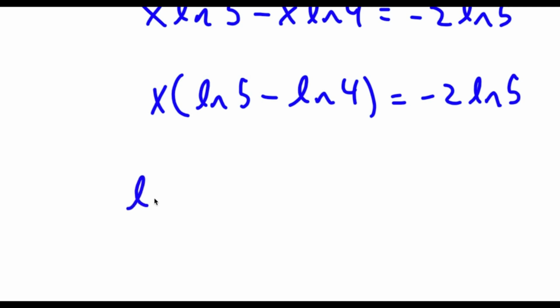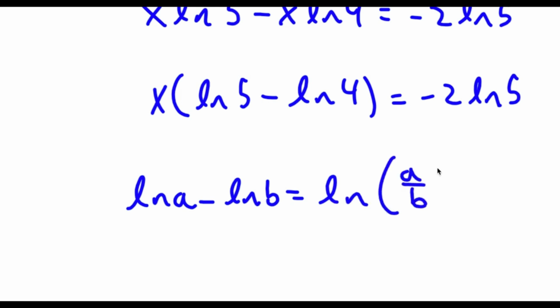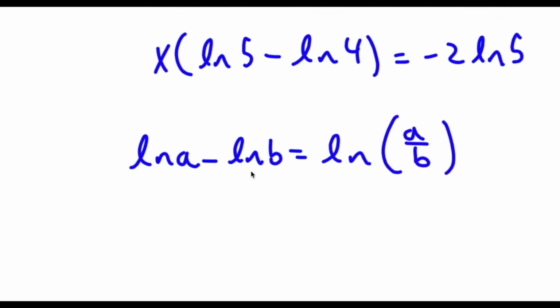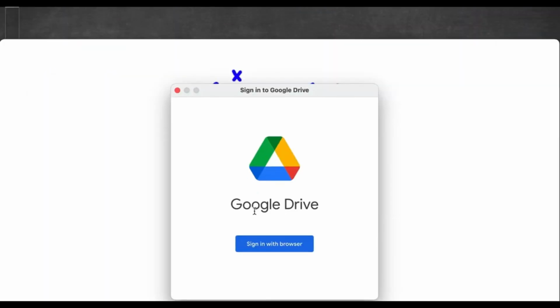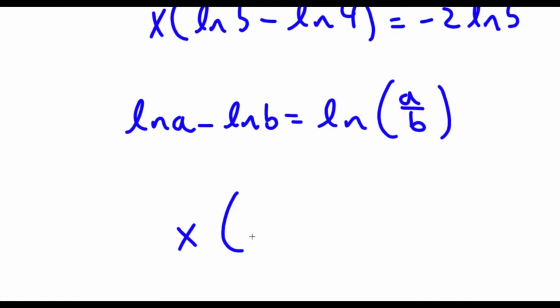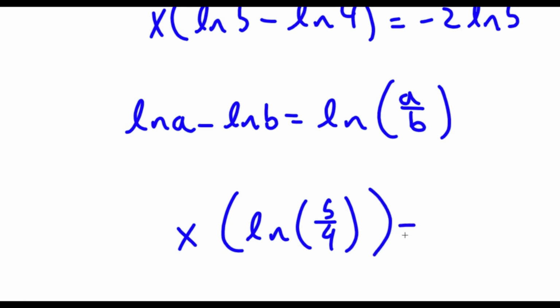Now, if I have something in the form ln A minus ln B, this is the same thing as ln A over B. So ln 5 minus ln 4, that's going to equal ln 5 over 4. So I have this is equal to negative 2 times ln 5.